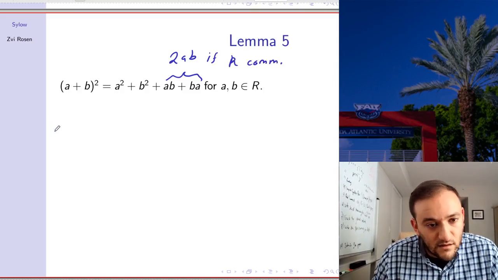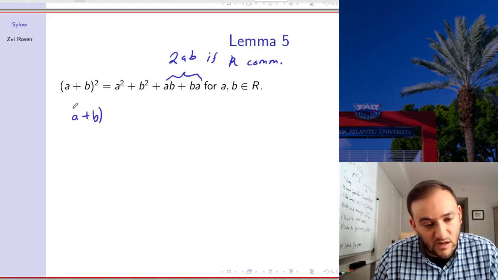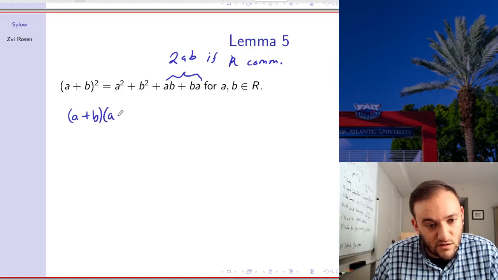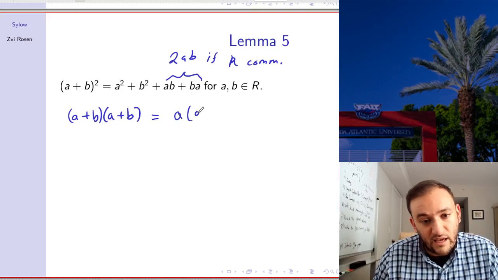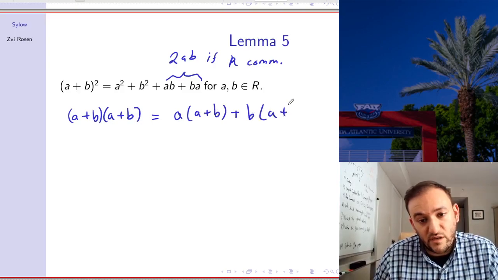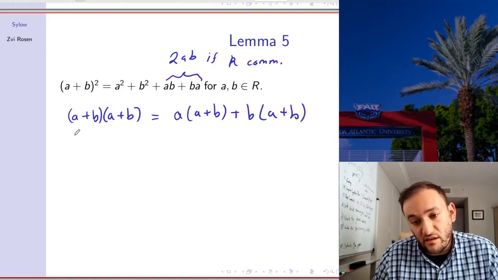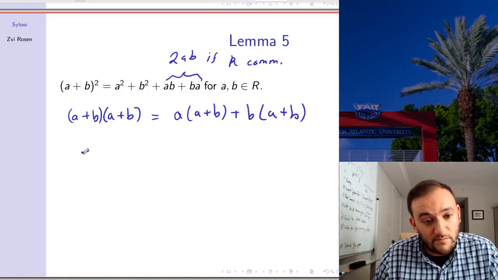So let's prove this. We did something similar a couple slides ago. We're just going to use the distributive law twice. So we'll get a plus b times a plus b, splitting up the sum on the left using the distributive law.